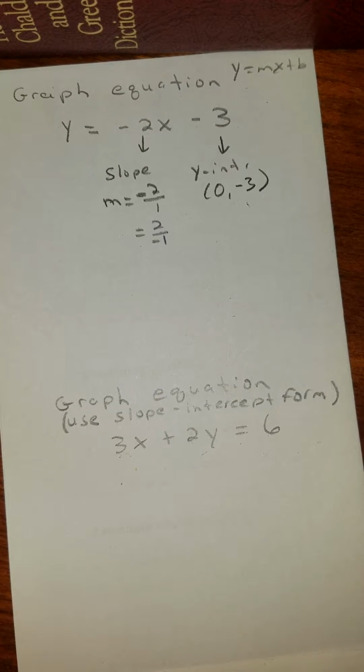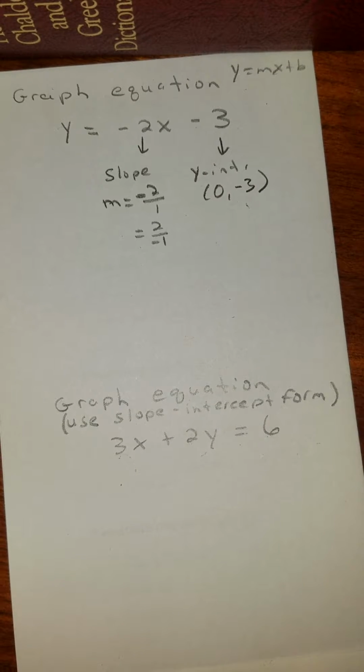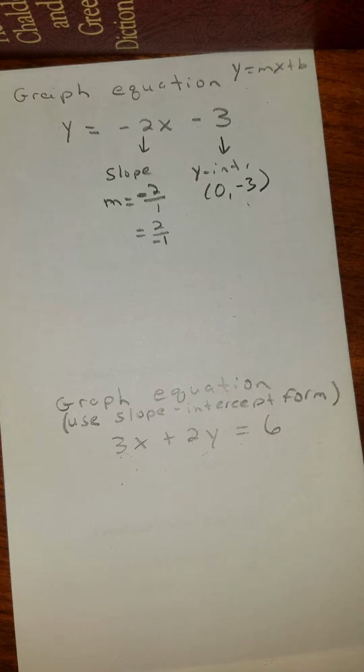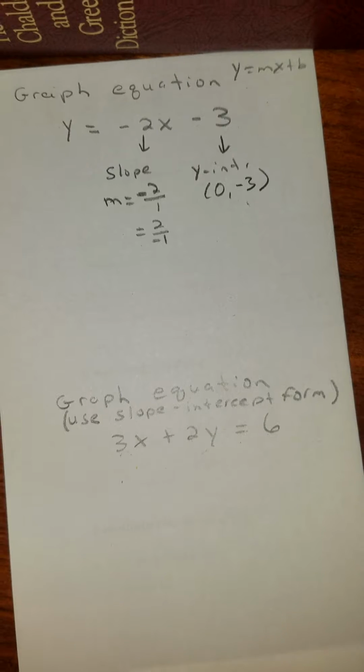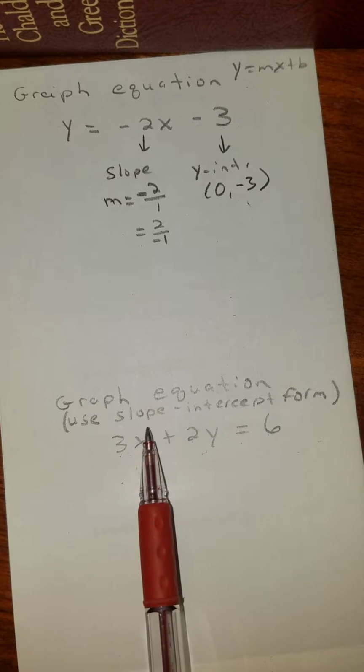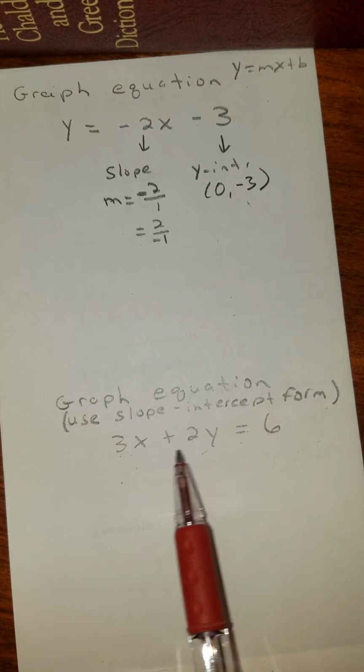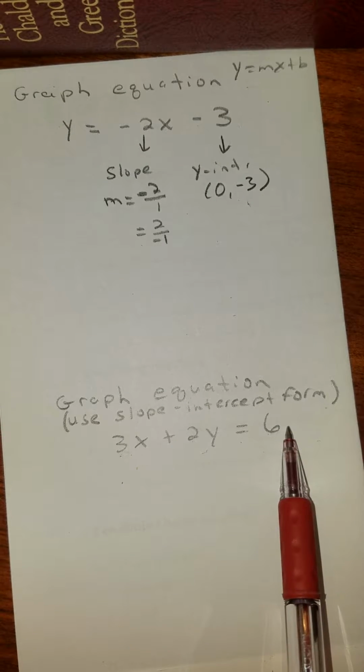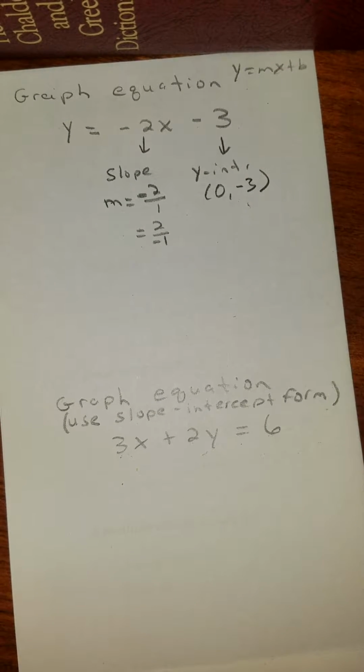Okay, that finding the x and the y intercept would be the easiest way to graph it, okay? But the directions very specifically say use the slope-intercept form. So that means I've got to rewrite this into the slope-intercept form.